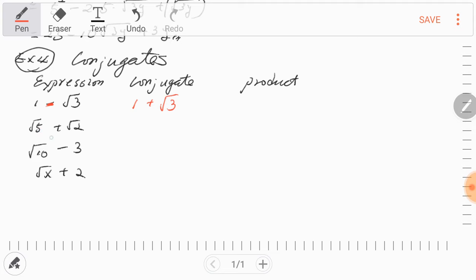How about the next one? This binomial is addition, so make it subtraction: square root of 5 minus square root of 2. The next one is minus, so make it plus: square root of 10 plus 3. The last one is plus, so change the sign: square root of x minus 2.